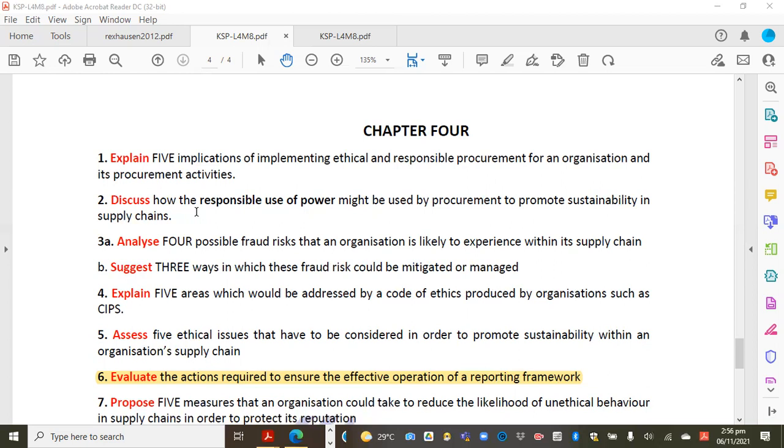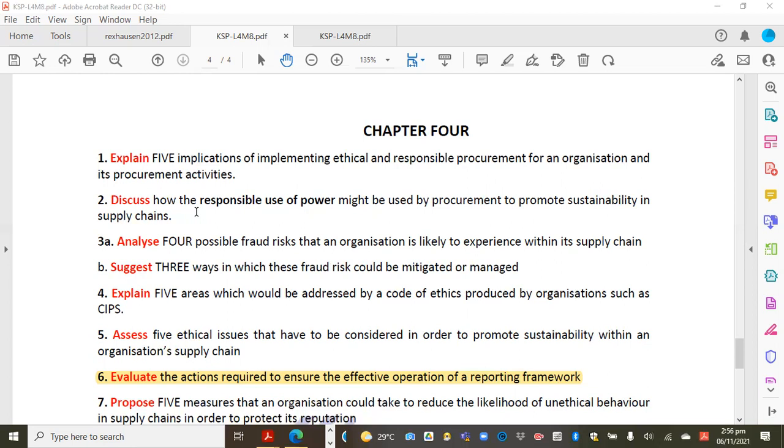In this situation we can say that you have reward power because suppliers want the contract. And because they need the contract, there is nothing you tell them to do that they will not do. They will do it.